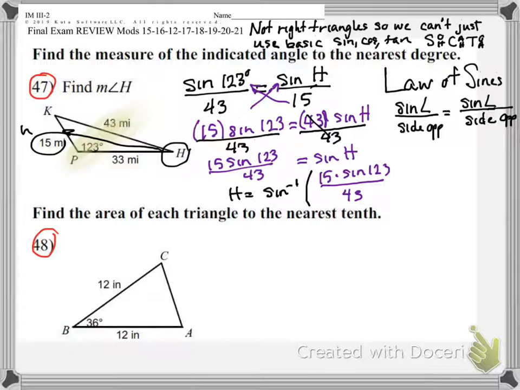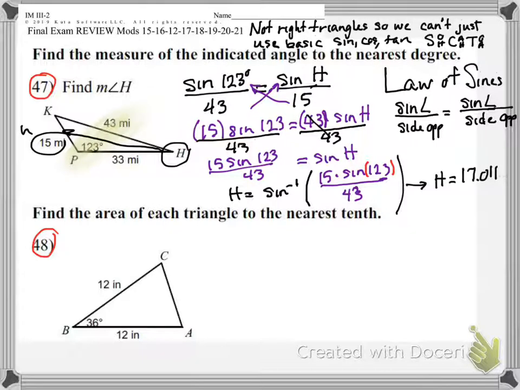If you don't have a fraction button on your calculator that'll let you do a big fraction looking thing like that, that's okay. Just do divide by 43. But if you have a calculator like mine, it's going to mess you up if you don't put some parentheses around that first. So all of that is going to go in my calculator to find the h.